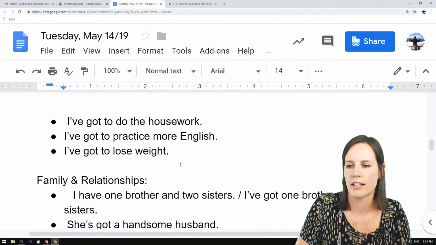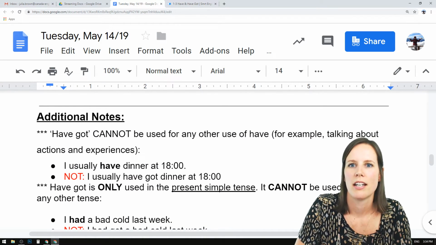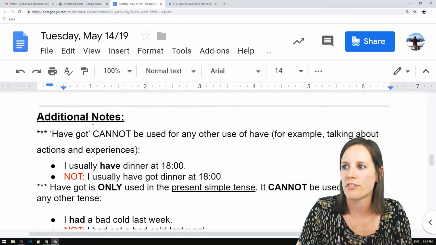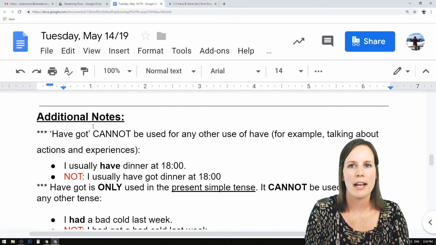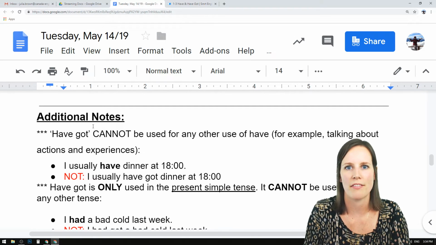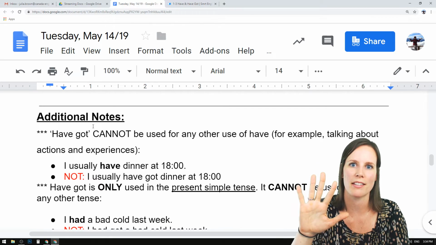We have going down. So I have some additional notes. Have got can't be used for any other use of have, okay? For example, actions, experiences, we can't use have got because it's only for those 5 contexts.